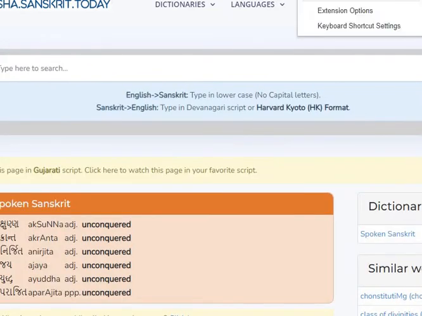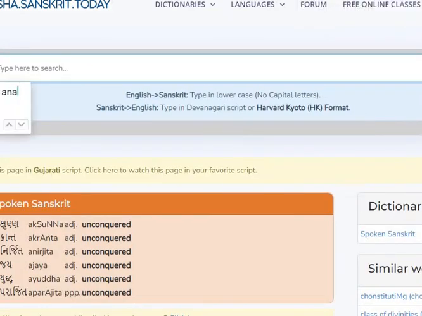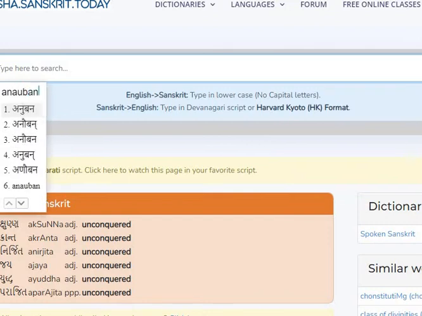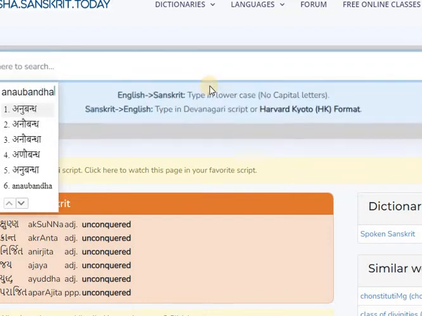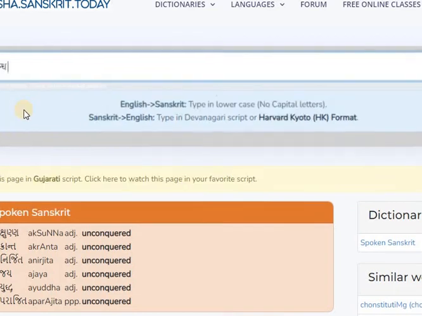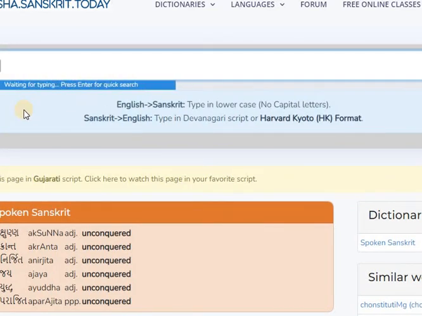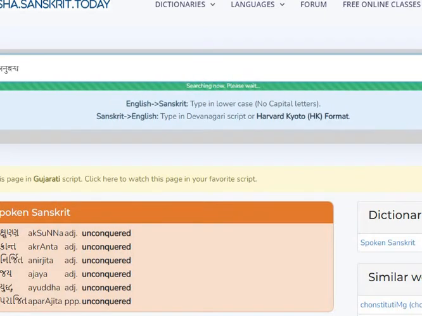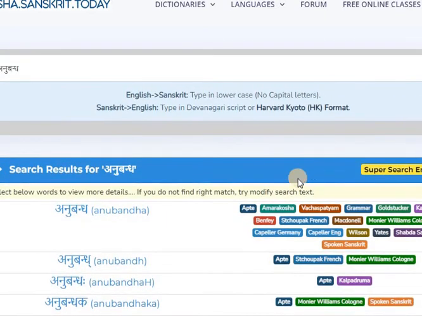Yes, sir. Anu prefix, badhnati means to tie up. So like this the word is created, and here let us understand the word in more depth.